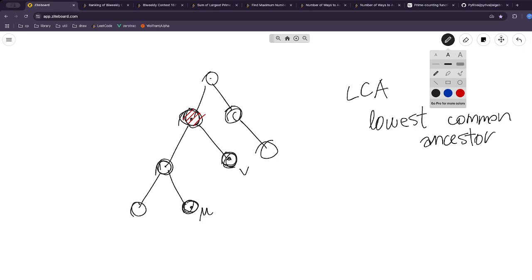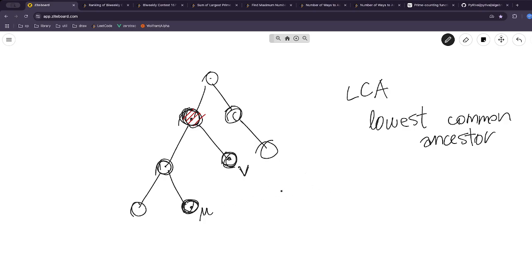So notice that if we knew the LCA, then we can calculate the distance from U to the LCA, and then from the LCA to B, and that would give us the distance, right?